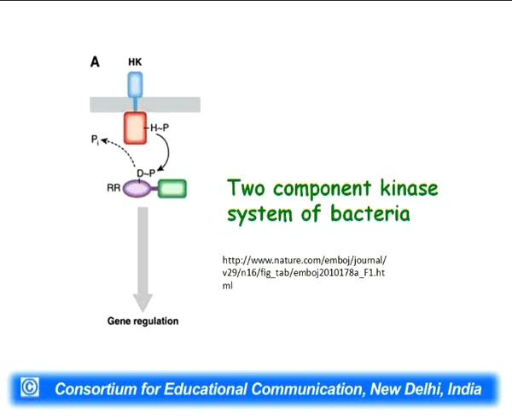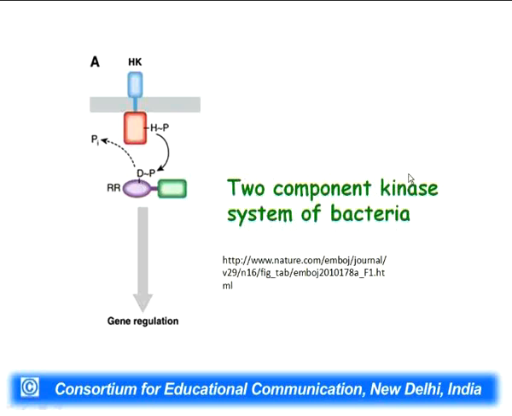In higher eukaryotes like plants and animals, they have receptors that can receive signals from outside, and usually the receptor is a single membrane protein. In contrast to plant and animal receptors, many bacteria have a receptor where the receptor is split into two, and that is why it is called the two component kinase system of bacteria.